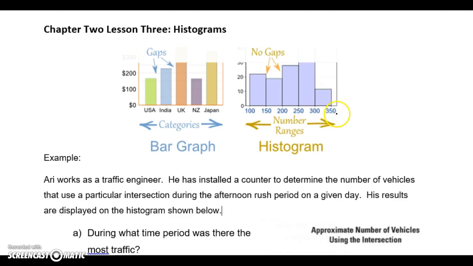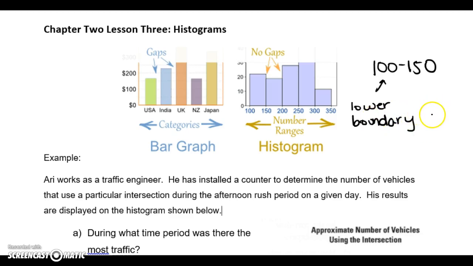One last thing that we're going to quickly recap is the number ranges. Say we had 100 to 150. This 100 is the lower value or lower boundary, and then our 150 here is our upper boundary.